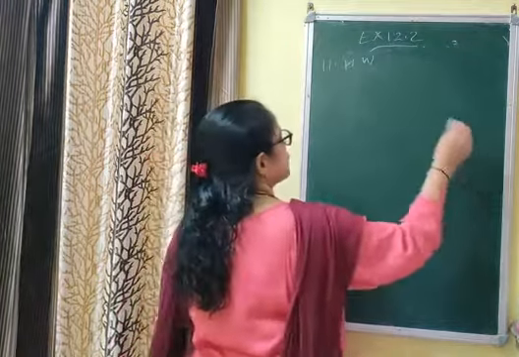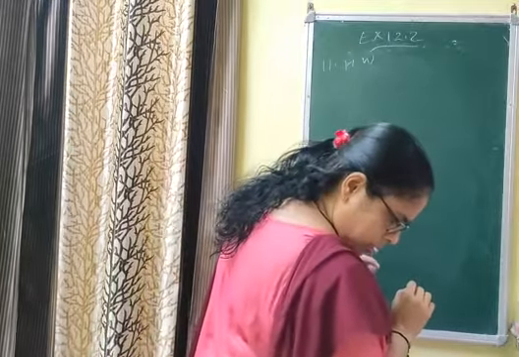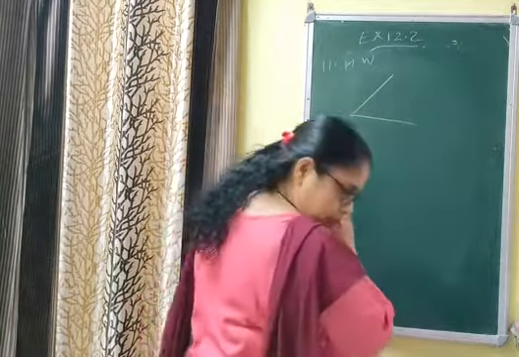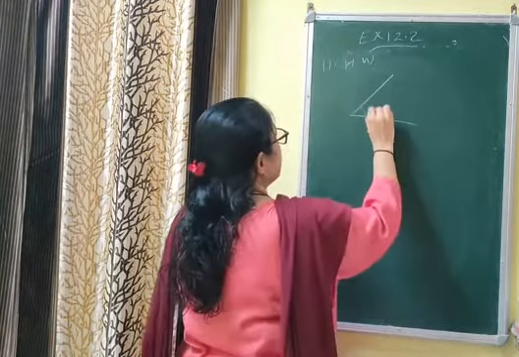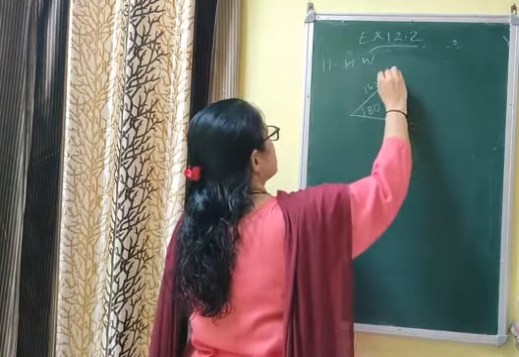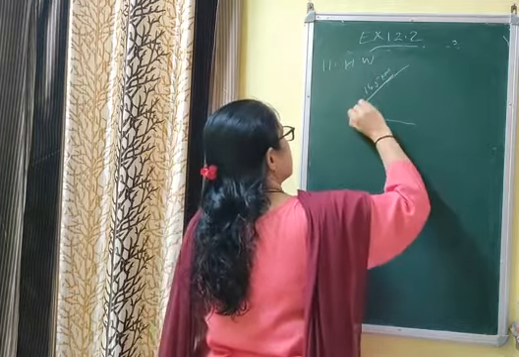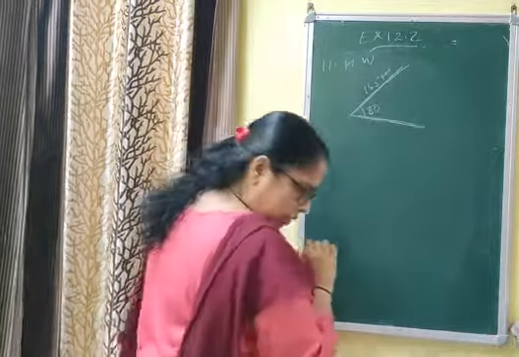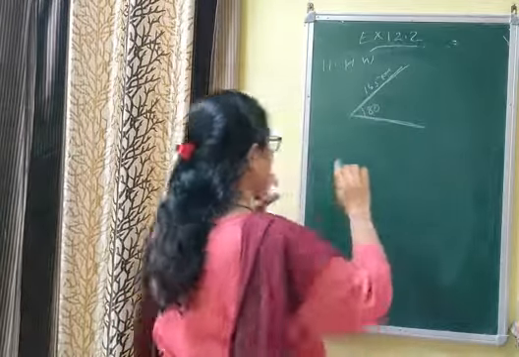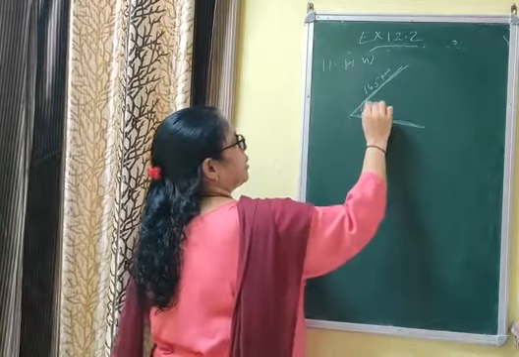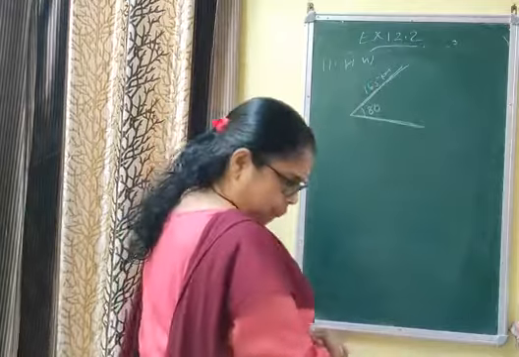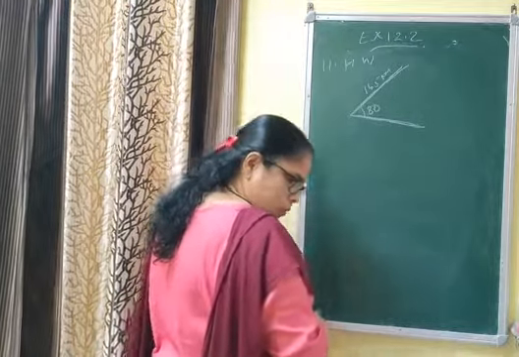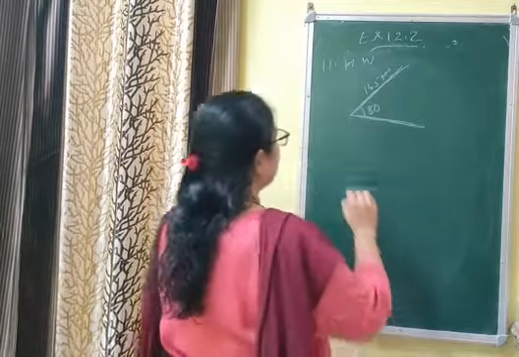In the sea, the ships are warned by a lighthouse, and the light is going in this way, which makes an angle of 80 degree, and the radius is given as 16.5 kilometer. You are asked to find the area over which the ships can be warned.